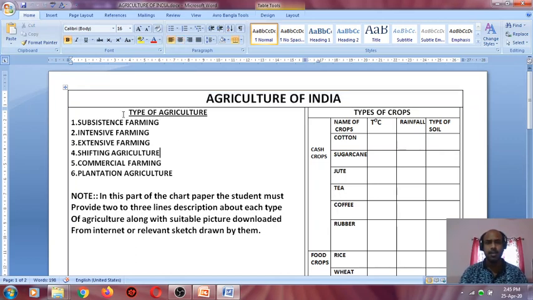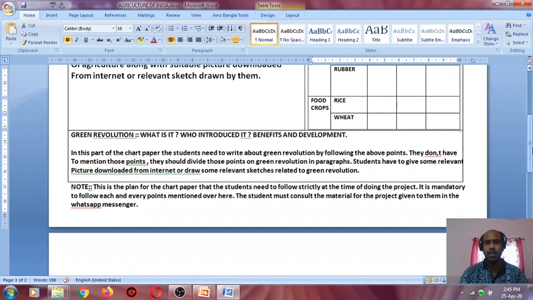At the left hand side there is types of agriculture that I have said just now. On the right hand side you have types of crop. You have to prepare one table, and at the bottom you have green revolution. You have to write about green revolution. What is it, who introduced it, benefits and development.